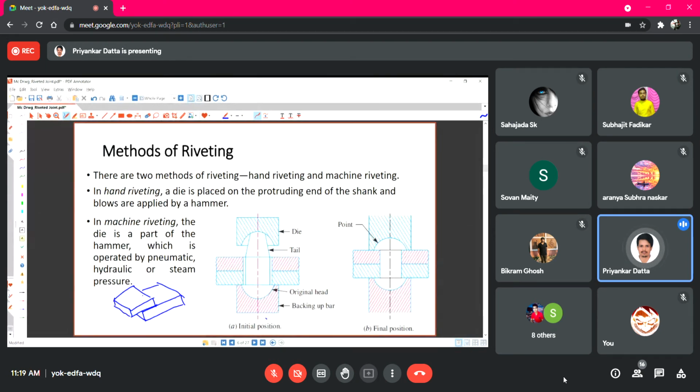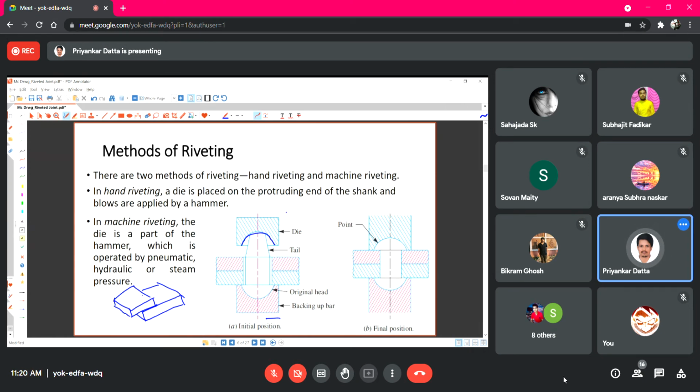Now this backing up bar is held fixed or placed in contact with the lower plate, where the head is also placed, and the upper die has a groove or shape that is equivalent to the head portion.